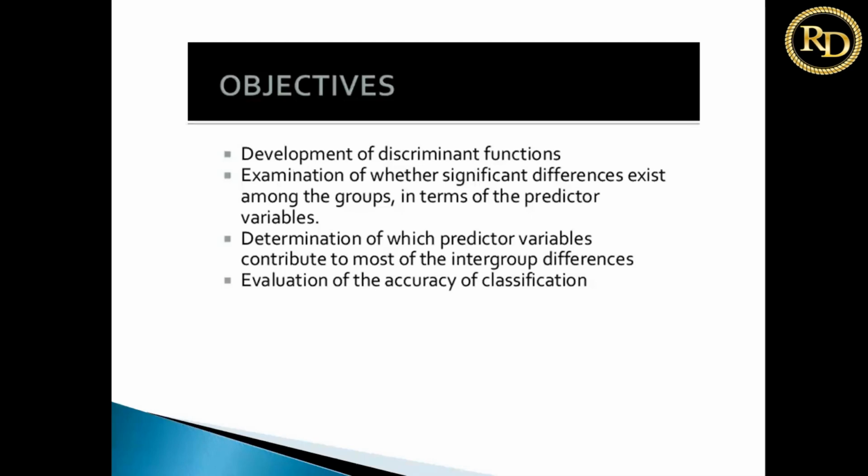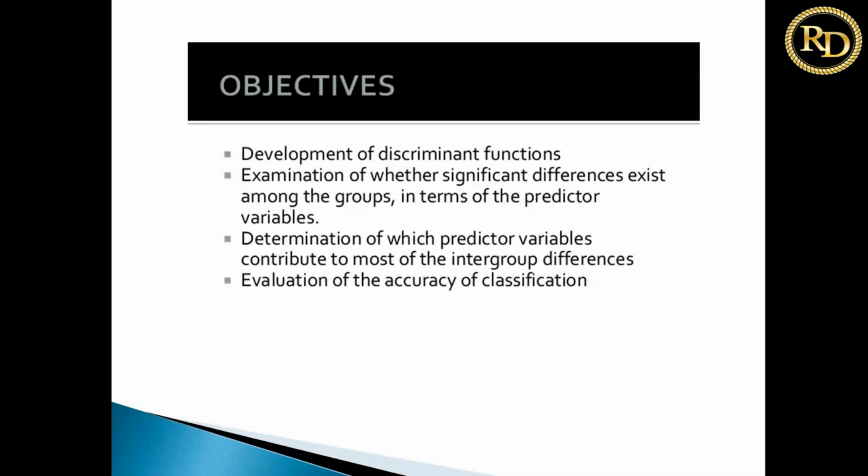The next objective is to determine which predictor variables contribute most to the intergroup differences. We have to search for the contributions of the independent variables and see which variable is more influential in placing units into different groups.